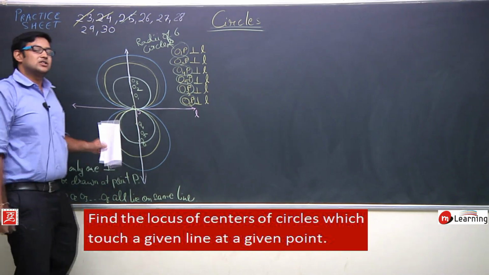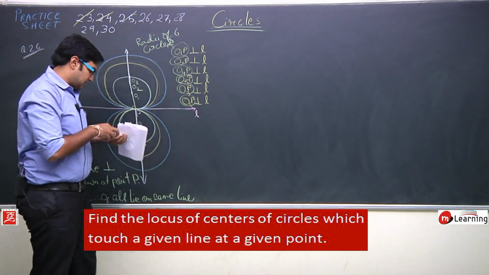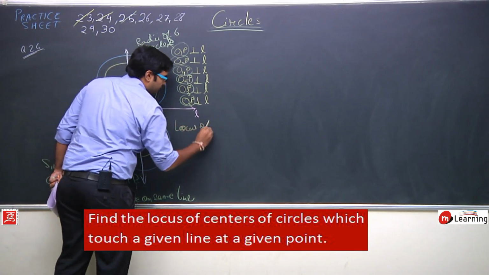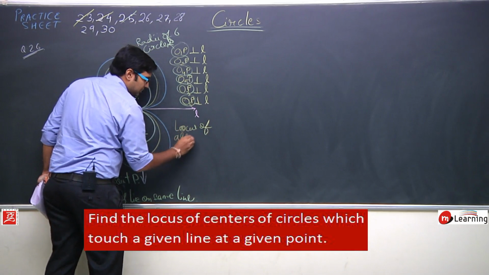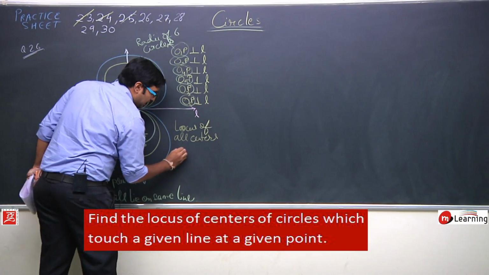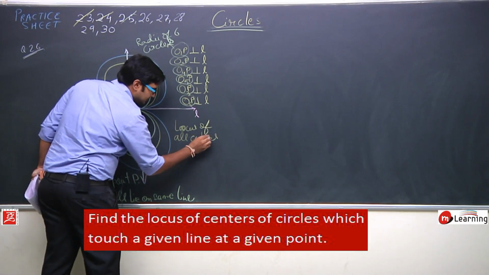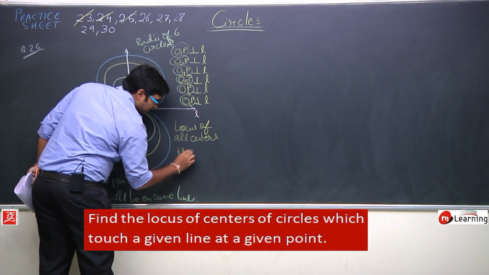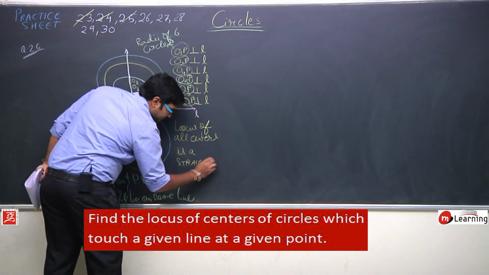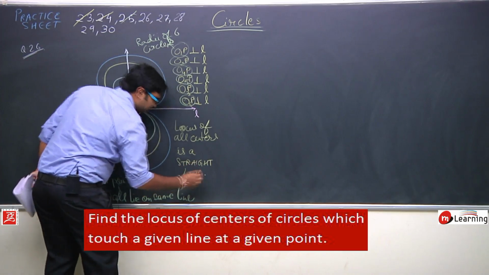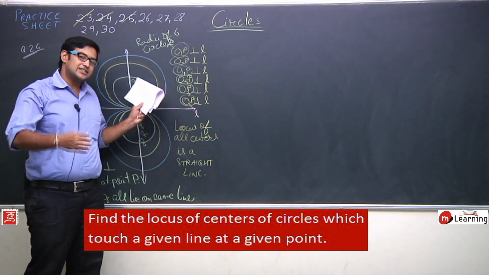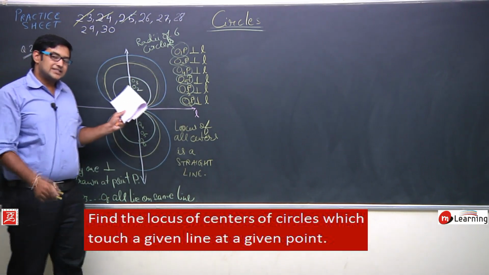All these points lie on the same line. It means that the locus of all the centers is a straight line.